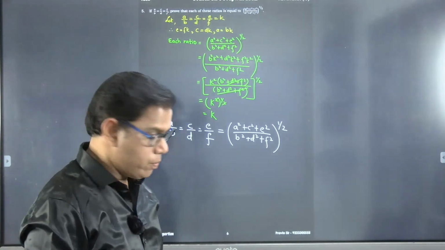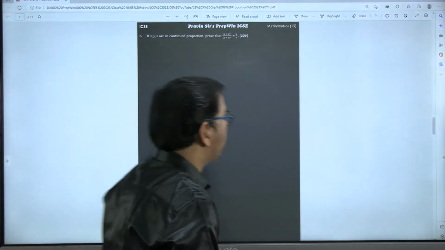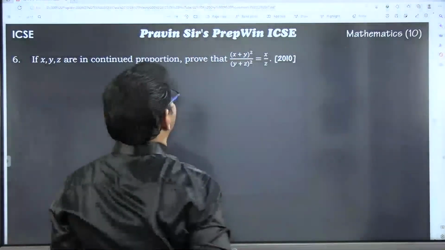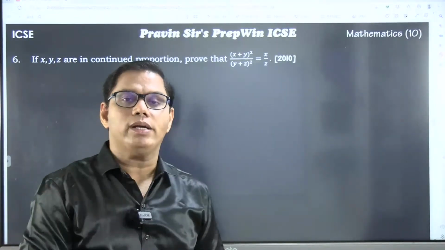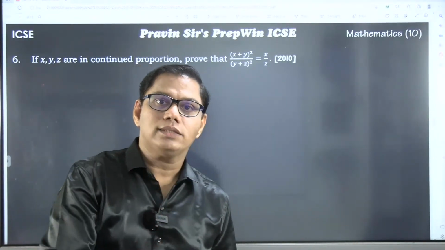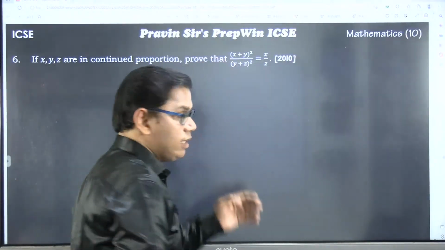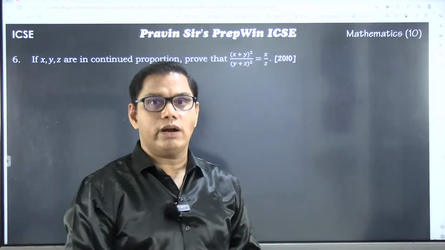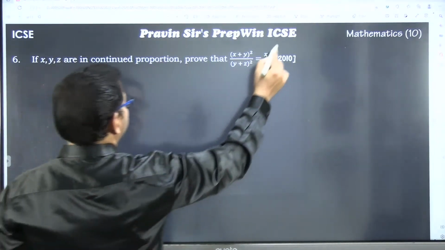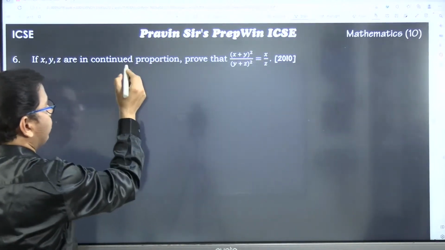Full screen view, right? And here we move on to next question, question number 6. You will see that sir, ये chapter तो कितना easy है. कोई भी sum आएगा इस chapter का, a single method, that is the K method. देखो K method का जादू. This question was asked in year 2010. Instead of ABC, we are given with X, Y, and Z. They are in continued proportion.